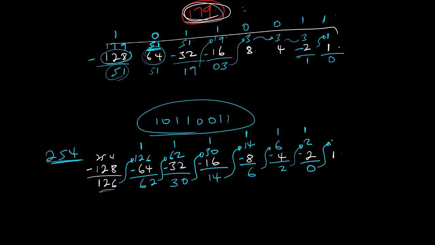We take the 0 here, we can't subtract. So this scores a 0. So our answer becomes 1, 1, 1, 1, 1, 1, 1, 0.